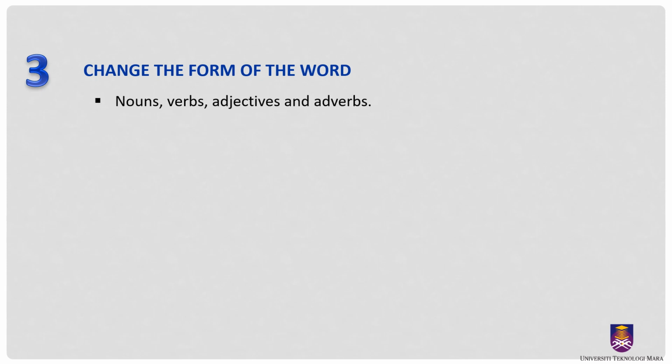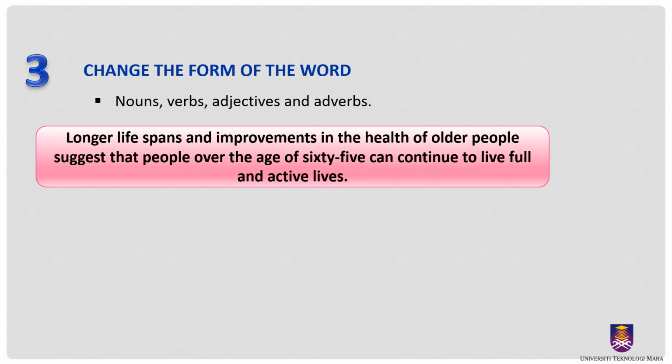Now, the third step is to change the form of the word. So you could change the word from nouns, verbs, adjectives, and adverbs. For example, longer lifespans and improvements in the health of older people suggest that people over the age of 65 can continue to live full and active lives.